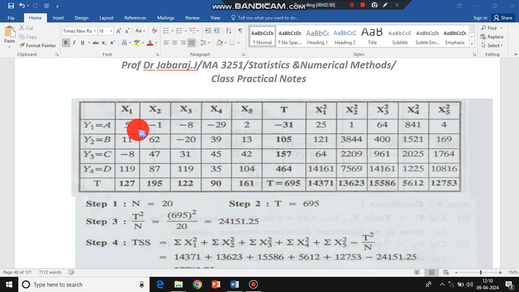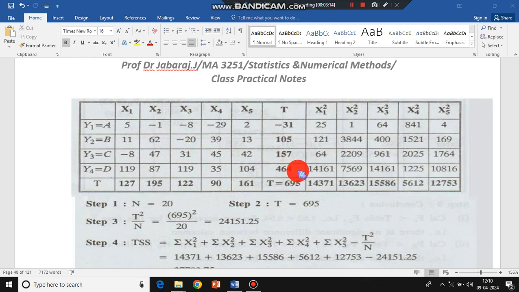Now our aim is that we add this row and write the total here, add this row and write the total here. Similarly add this row, write the total here, add the third row, write the total here, add the fourth row and write the total here.